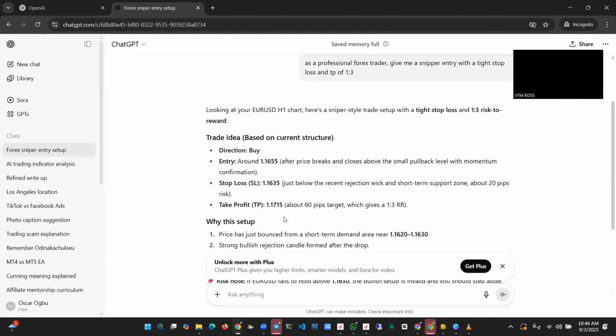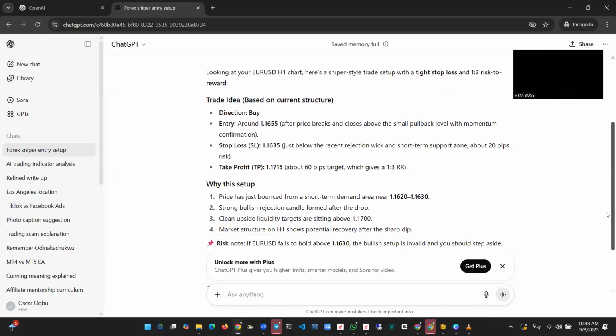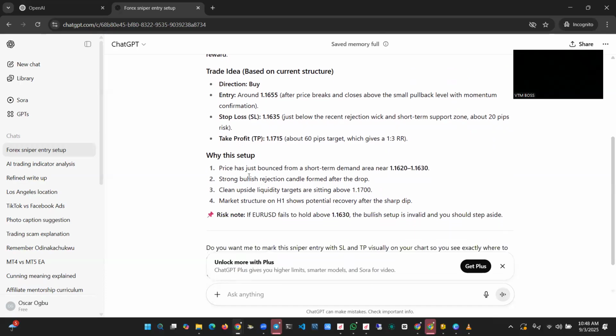Can you see that? Why this setup now is giving you further explanation. Price has just bounced from a short-term demand area near, okay, it's giving you explanation. Strong bullish rejection candle formed after the drop. Clean upside liquidity targets are getting above this. You can see the explanation.